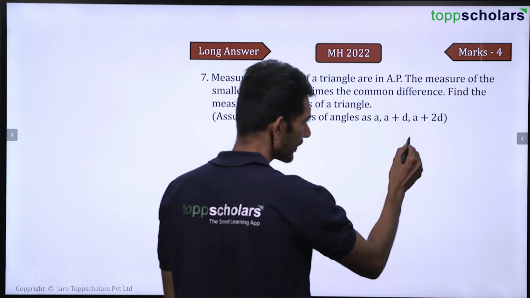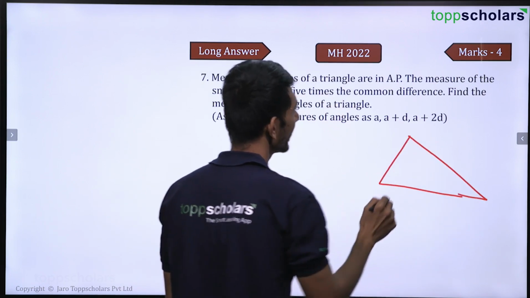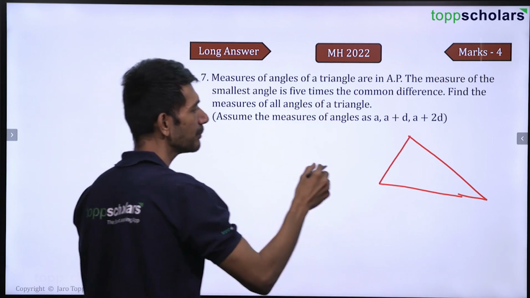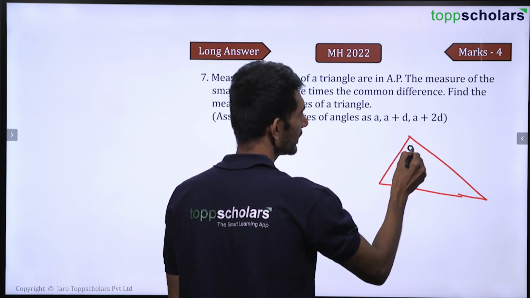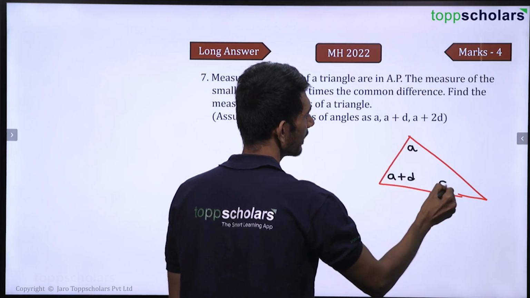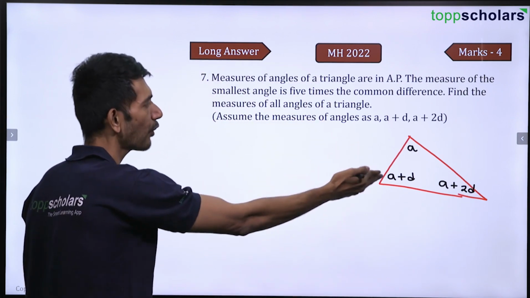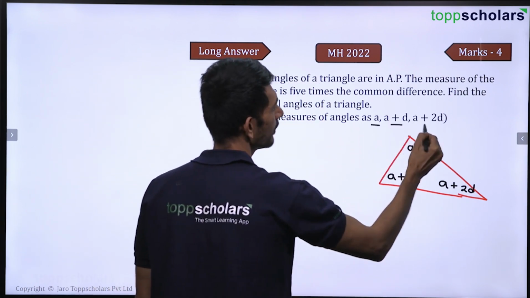So this is just a rough figure. Don't actually consider this as a figure. There are 3 angles, right? And the 3 angles are in AP. So if the first angle is A, second angle will be A plus D, third angle will be A plus 2D, right?